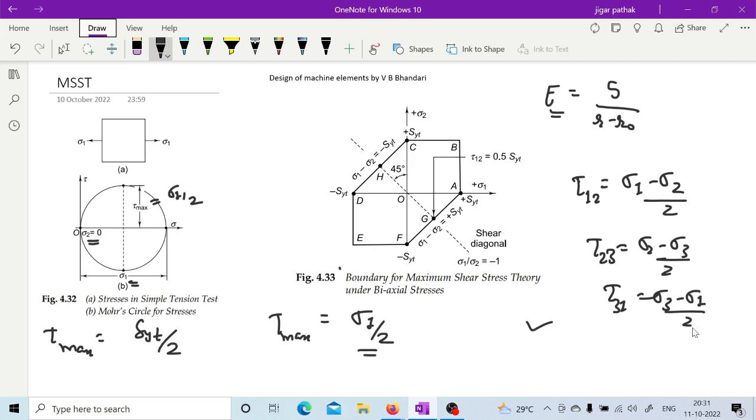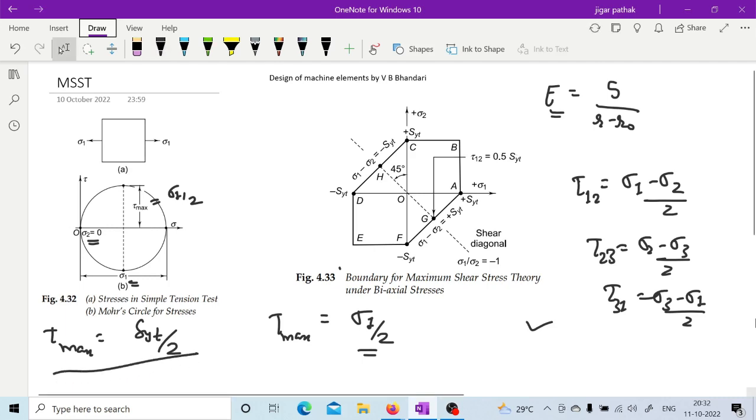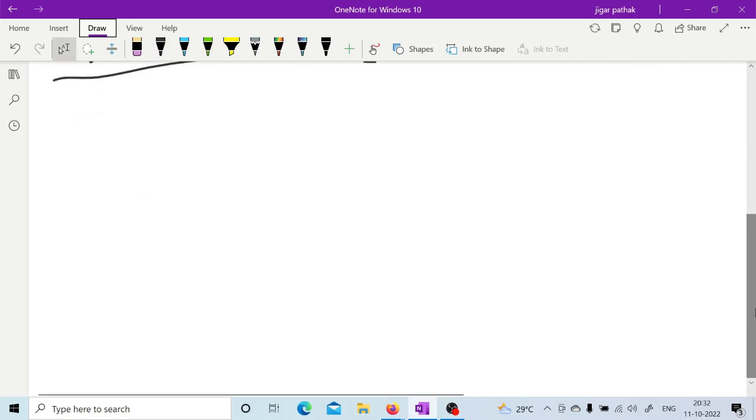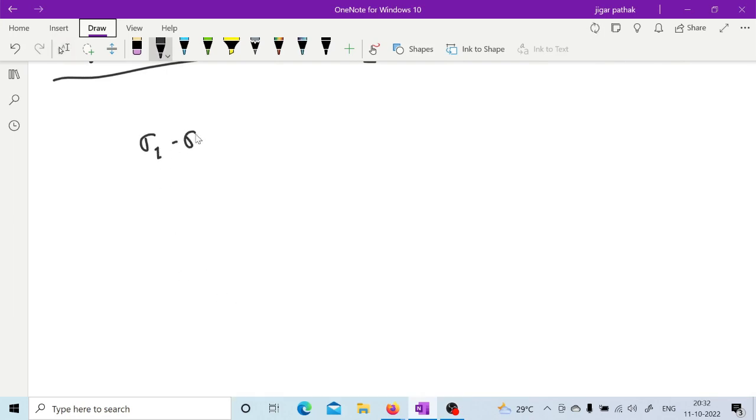Now here in our case, what we have seen is this tau max is coming as Syt by 2, right? So if we write what we have written just now, (sigma 1 minus sigma 2) by 2 equal to Syt by 2, this gives sigma 1 minus sigma 2 is equal to Syt.